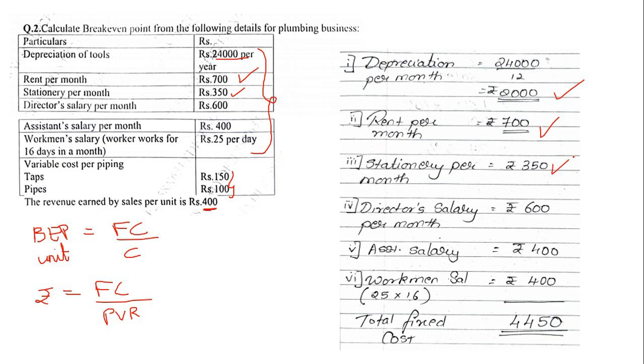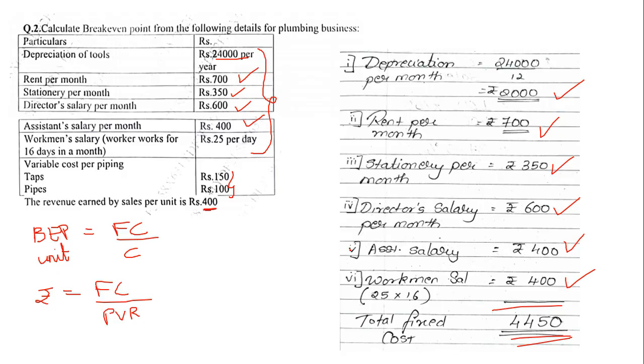Stationery is 350. Director's salary is 600. Assistant salary per month is 400. Workman's salary was 25 per day, and there are 16 days in a month, so 25 into 16 is 400. The total comes to 4450. That's the total fixed cost. Number one, we have found 4450.